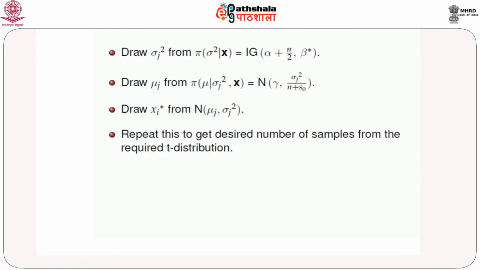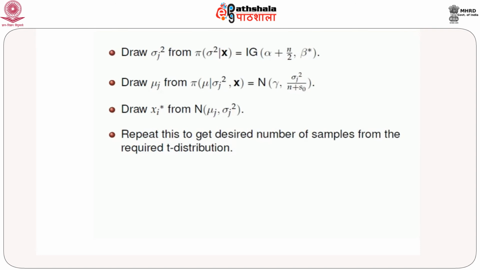Then, having drawn the observation sigma j square, we draw an observation mu j from the posterior distribution of mu given sigma square and the data, and we evaluate it at sigma square equal to sigma j square. That is, we draw mu j from a normal distribution with mean gamma and variance sigma j square over n plus s naught.